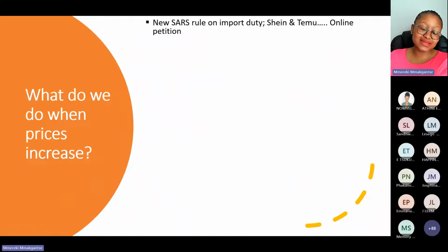So when the price goes up, either we buy less or we complain. But there are other products where it doesn't matter whether you complain or not. You will still buy it no matter what, like medication. Or do you stop studying because fees go up? No. Do you stop coming to school because taxi fare or petrol has increased?